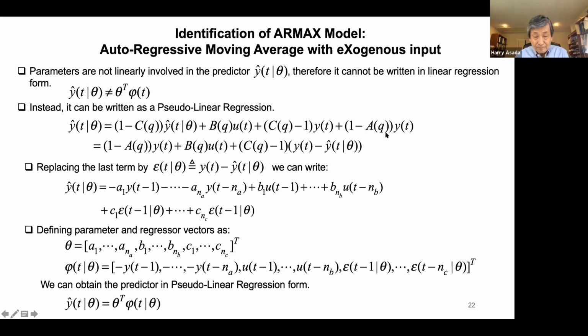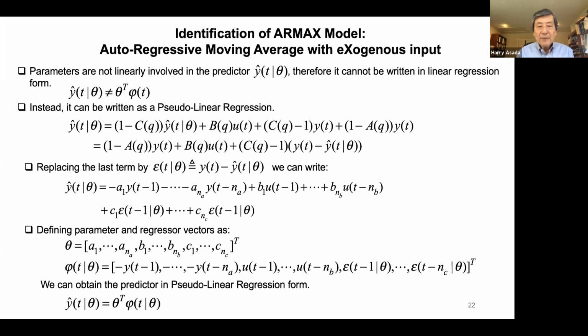But now we can factor out C minus 1, and combining this term and this term, we have C minus 1 times y t minus y hat. The rest of the part is 1 minus A y t, and then this one, just to translate from here to here.